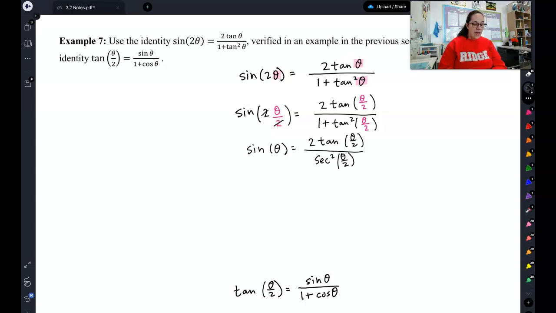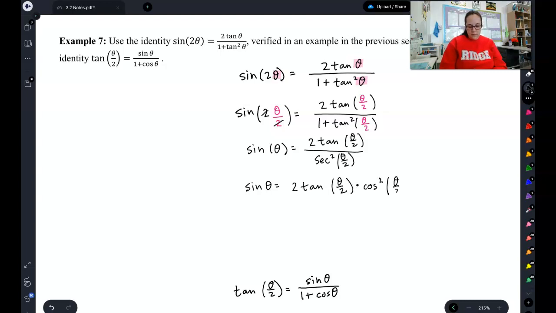Okay, next, I'm going to move this secant squared up using the reciprocal identity. Like that.